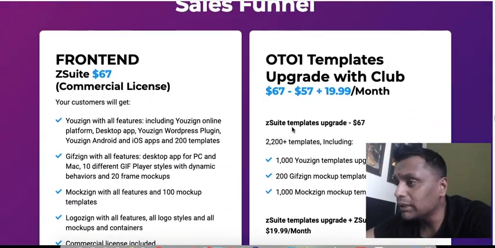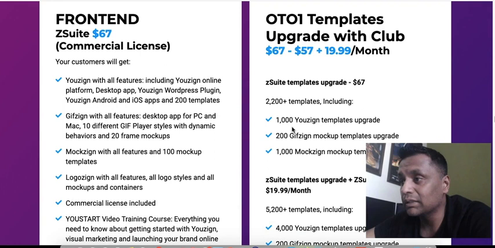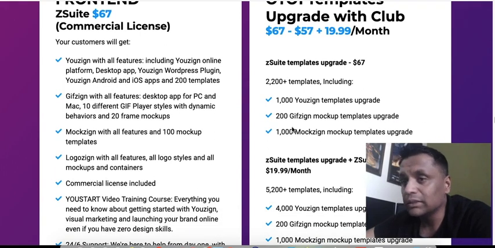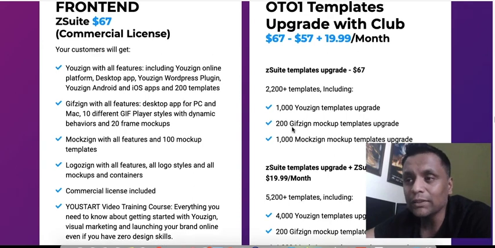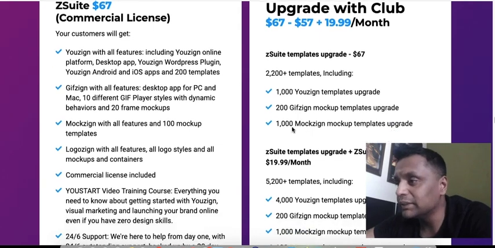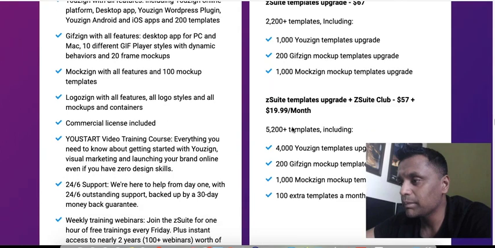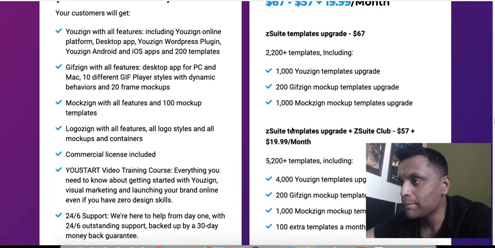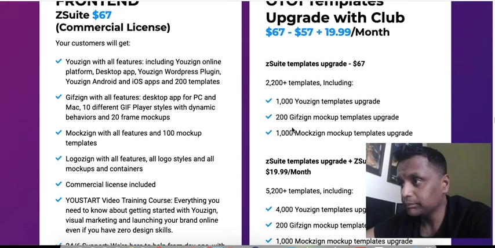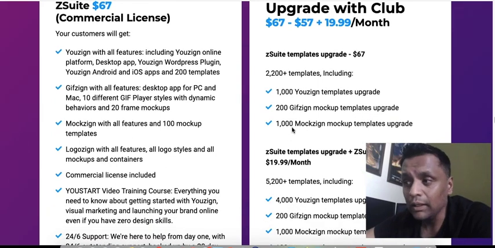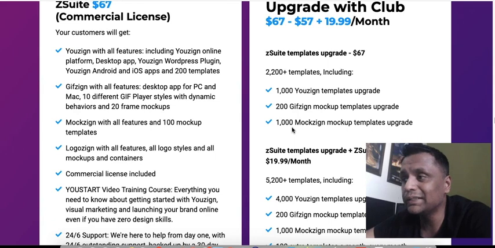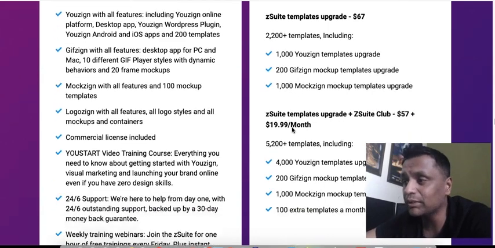The first OTO, OTO 1, is the templates upgrade with club. It includes the ZSuite templates upgrade, which will cost you $67.